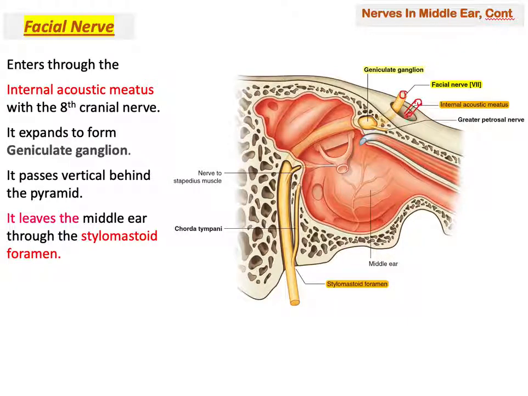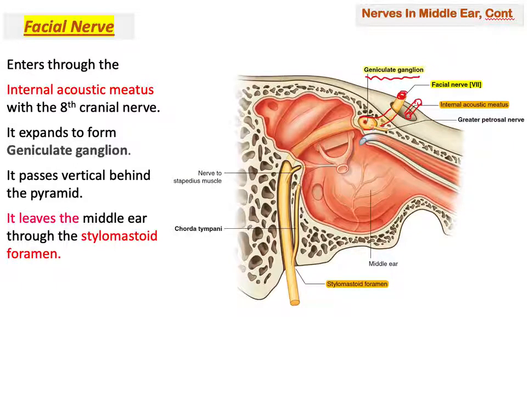Now I will focus on the facial nerve because it passes through the middle ear, as you see, before it exits from there. So the facial nerve passes through the internal acoustic meatus, then passes through this canal called the facial canal.